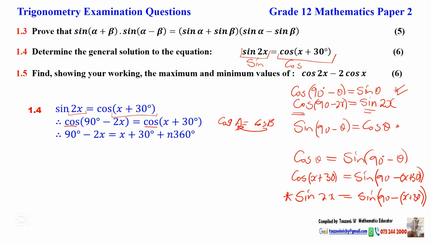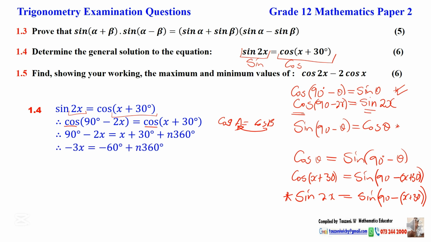There is no division taking place here. The bracket on the left, 90 minus 2x, and the one on the right, x plus 30, they are equal to each other. Then immediately we add the general equation statement, n times 360 or k times 360. Then you solve in the normal algebraic expressions way.